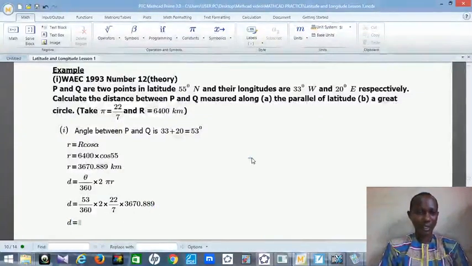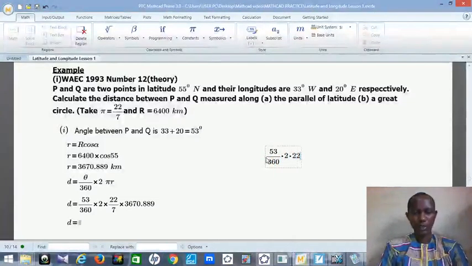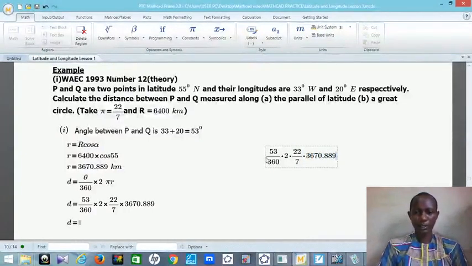Let me do that here very fast. So 53 divided by 360 times 2 times 22 over 7 times 3,670.889.